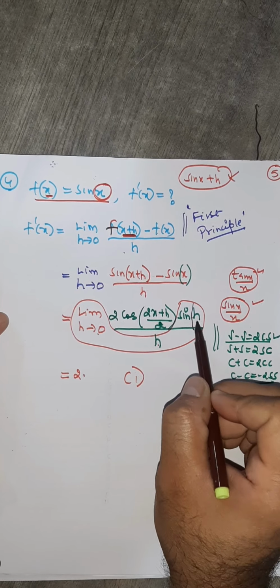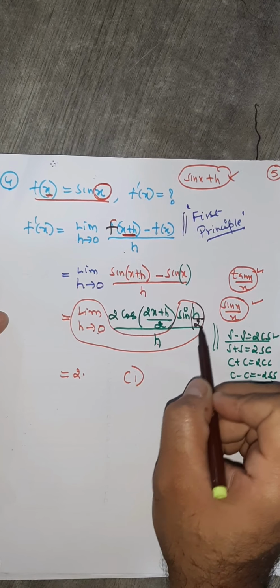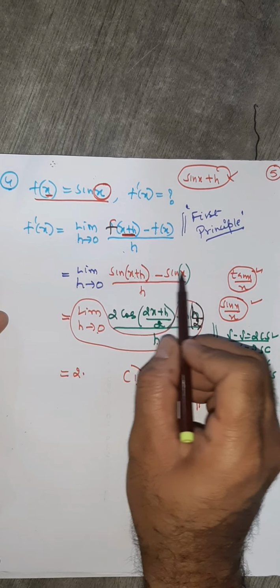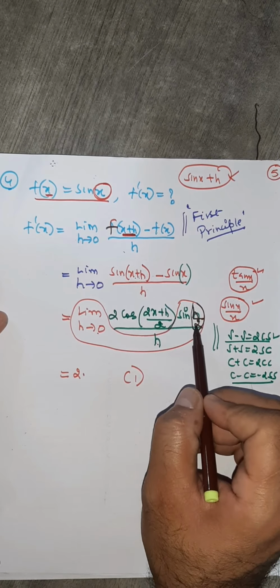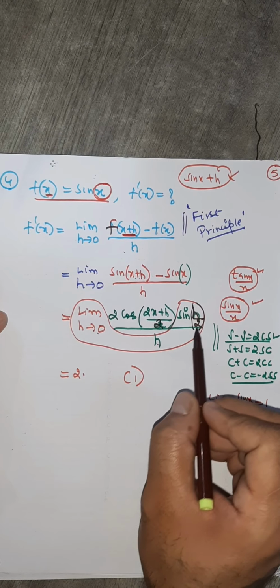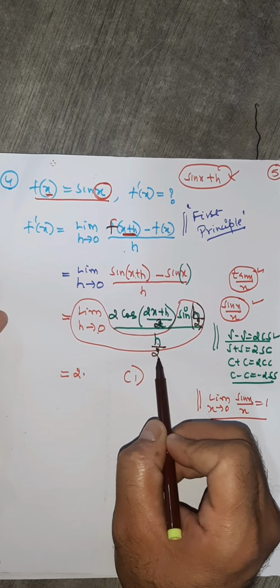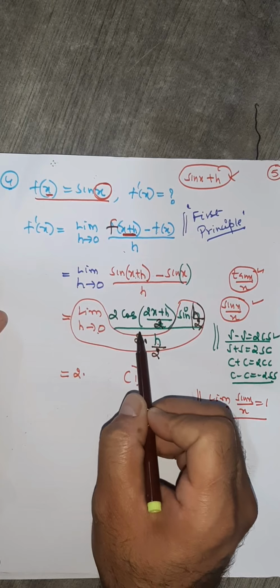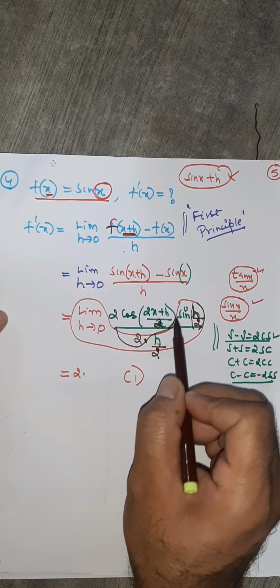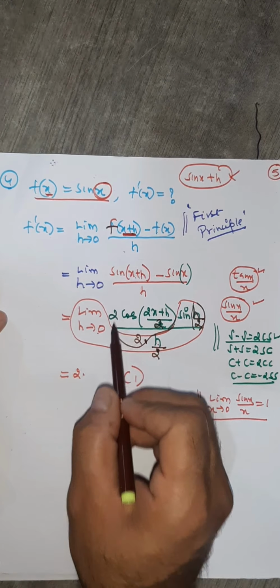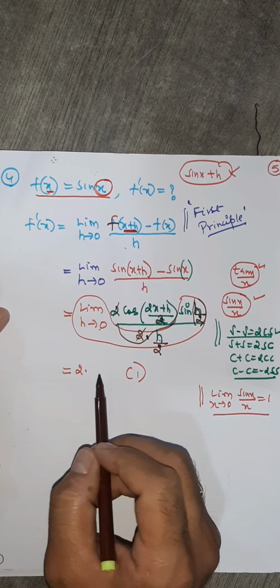You have h by 2. You might have noticed, because when you do this minus this, then h by 2. Now, if I have h by 2 here, here also I need to set the same. So here h by 2 into 2. So now without this 2, this much will be 1. This 2 will get cancelled.